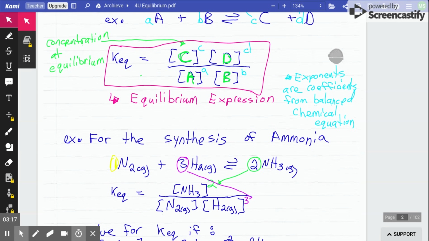K equilibrium equals concentration of NH3, so products, to the exponent of 2, because there were 2 moles of that NH3 in the balanced chemical equation, and then concentration of nitrogen gas to no exponent because it's an invisible 1, times concentration of hydrogen gas to the exponent 3, because there's 3 moles of hydrogen in the balanced chemical equation. So that's it. That is the equilibrium expression. It tells us the ratio of concentrations at equilibrium.